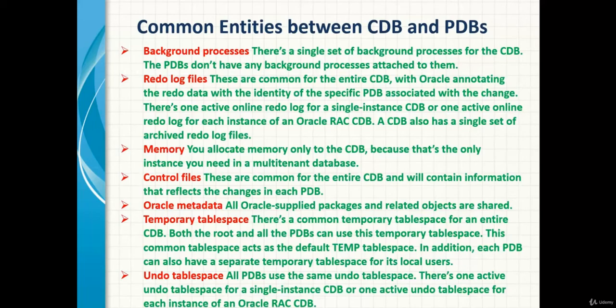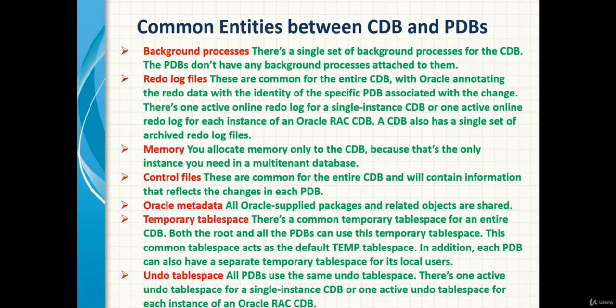Memory: you can allocate memory only to the CDB because that's the only instance you need in a multitenant database. Control files are common for the entire CDB and will contain information that reflects the changes in each PDB. Oracle metadata: all Oracle supplied packages and related objects are shared.